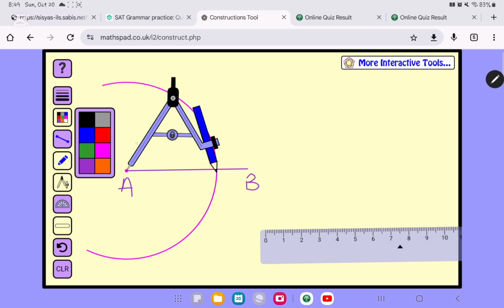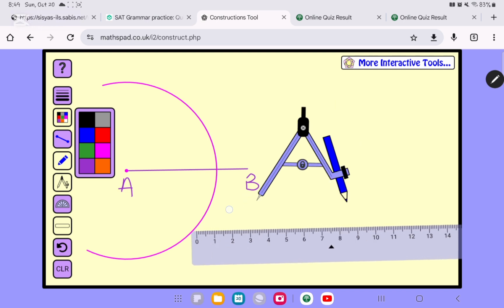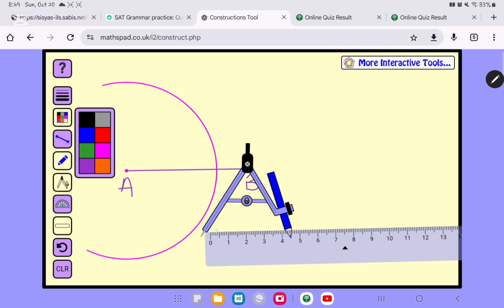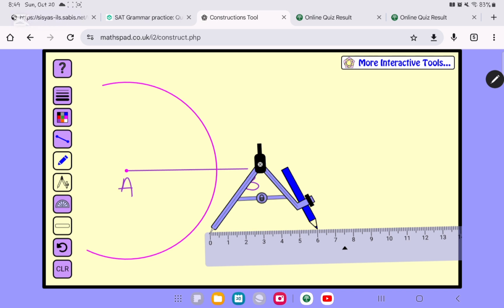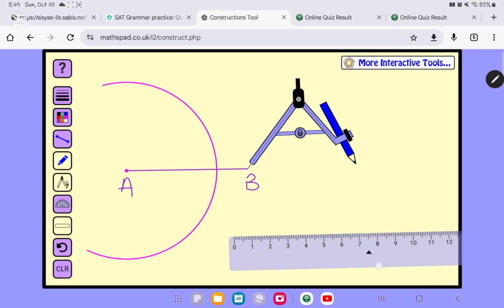Now the second arc. We also have a side of 6 centimeters, so we're going to measure a length of 6 centimeters using the compass, or a radius of 6 centimeters.